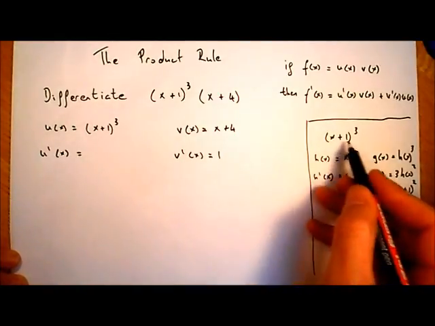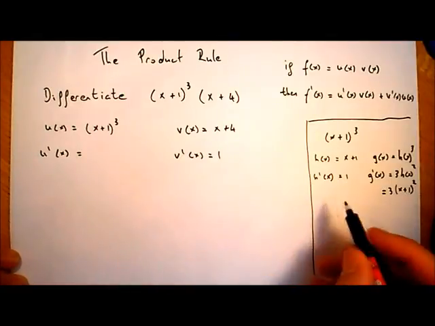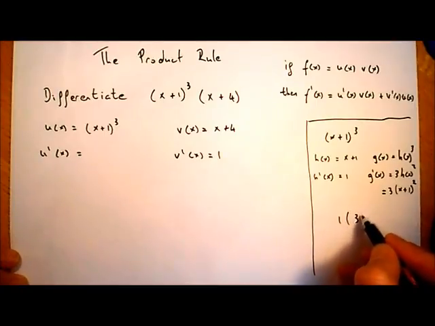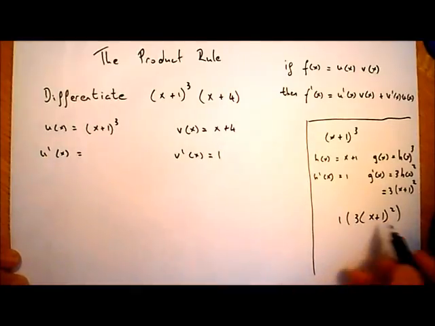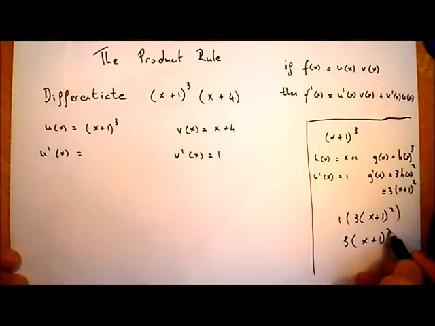Then this whole thing differentiated by the chain rule is just this multiplied by this, so 1 multiplied by 3(x+1)^2. And 1 times anything is just the other thing, so that's just 3(x+1)^2.